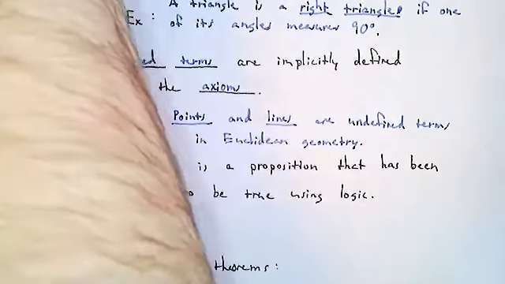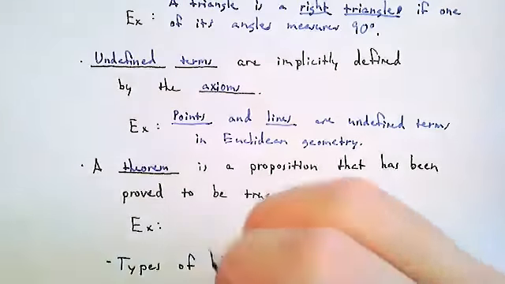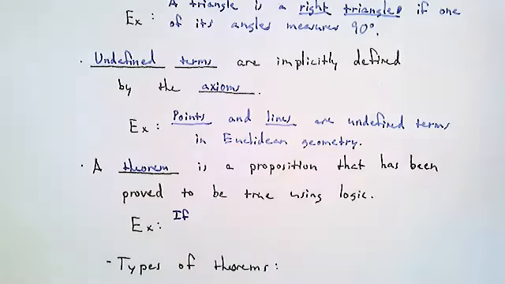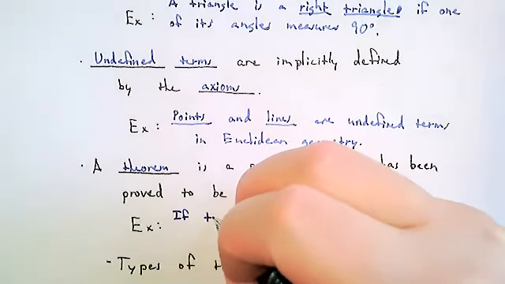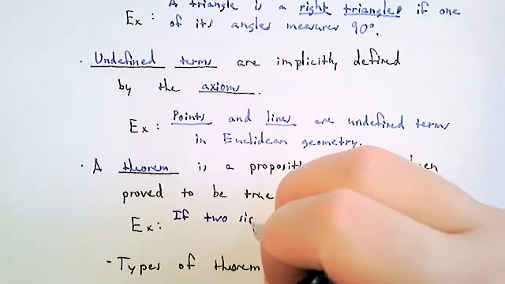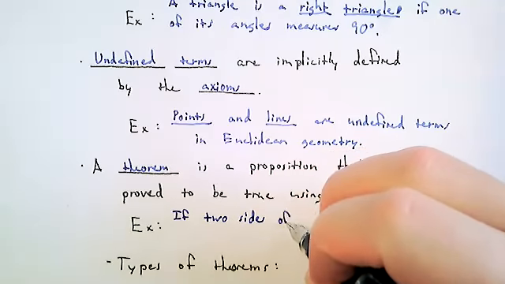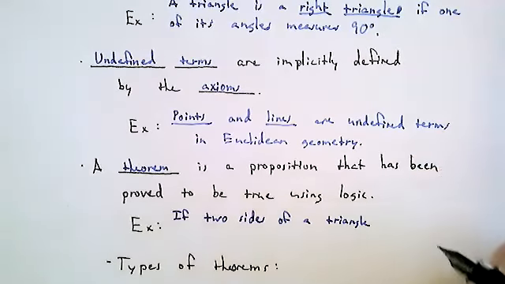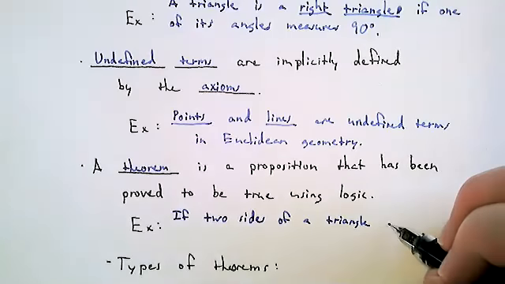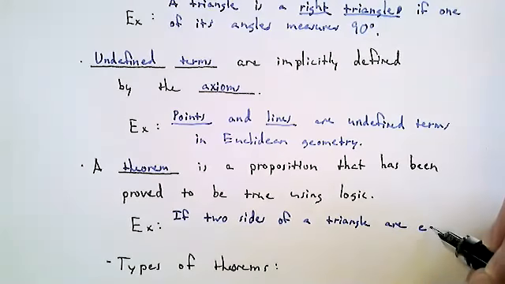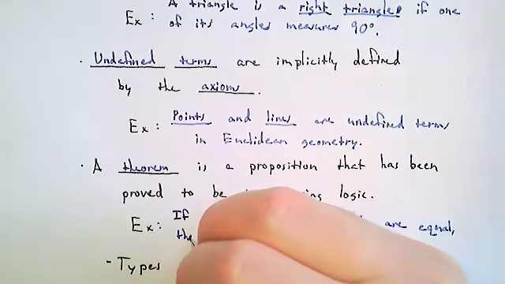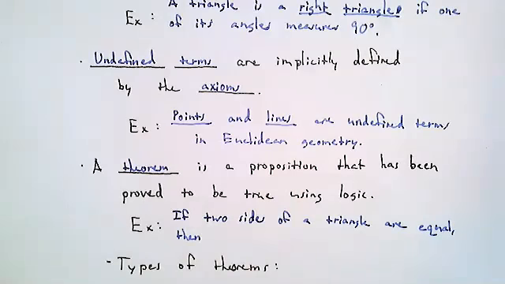So an example of a theorem that you might have seen back in geometry about triangles is this one. If two sides of a triangle are equal, then the opposite angles to those two sides are also equal.